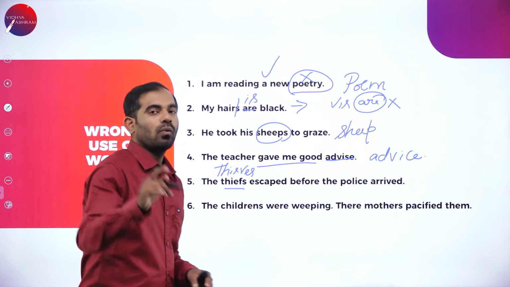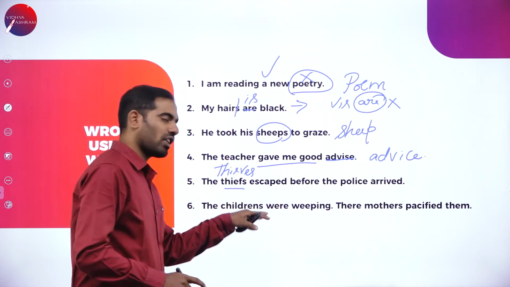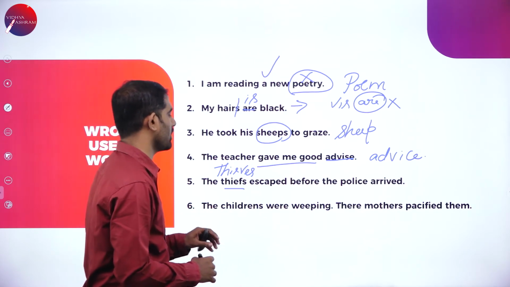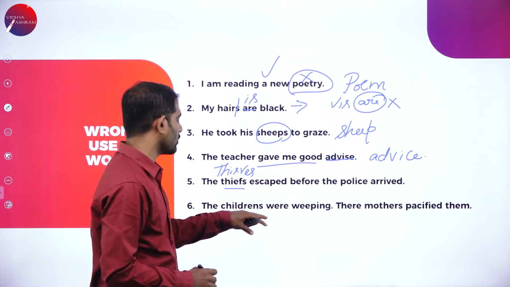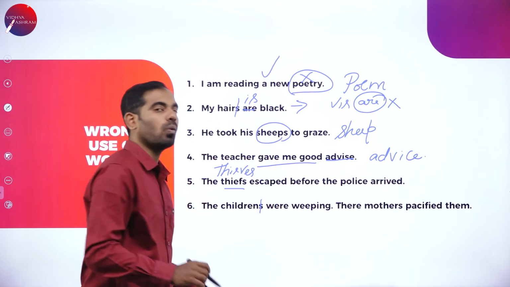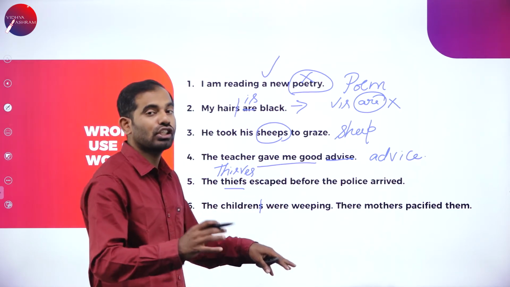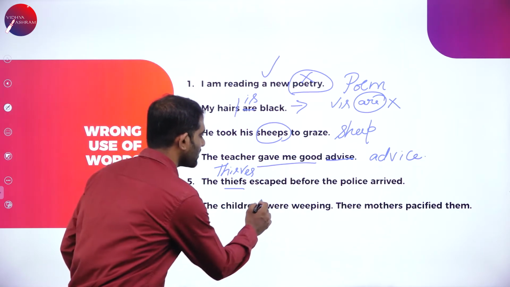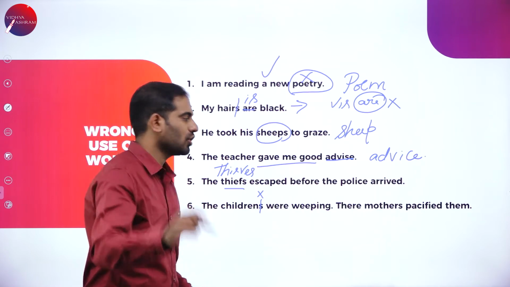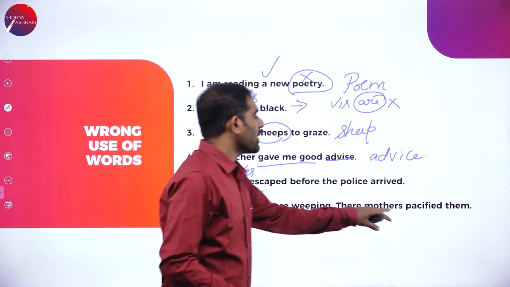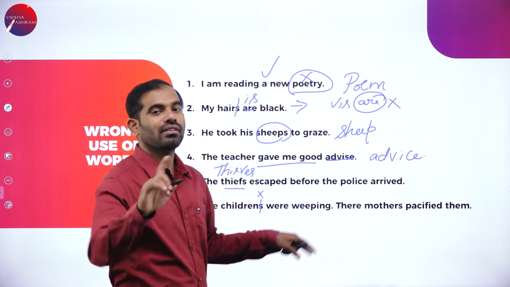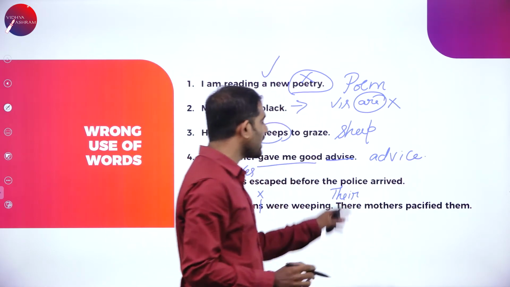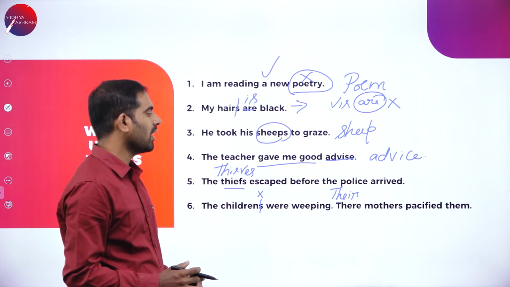But here, without apostrophe, children's is used, so it is wrong. The children's were weeping. The children were weeping. It is not children's, were weeping. It is children were weeping. So S is striked. Their mothers pacified them. Not their mothers, their, THEIR. Their mothers pacified them.